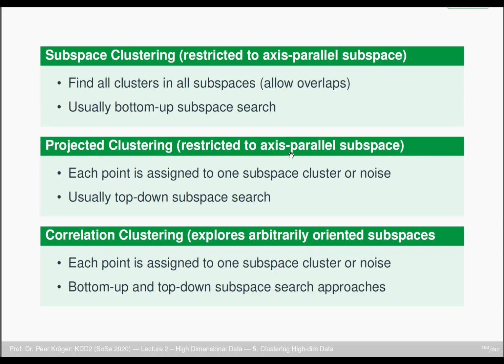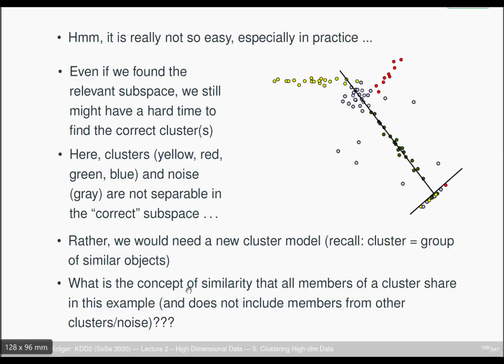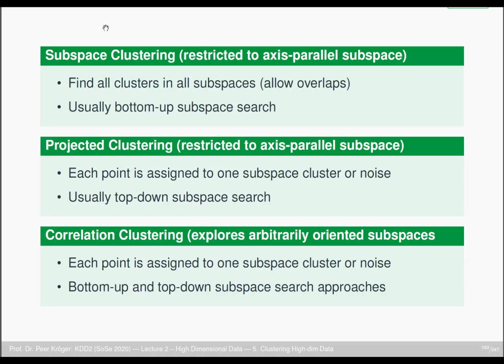Anyway, there are different approaches to tackle that problem that actually come up with a new concept of similarity, a new kind of cluster model, and we try to somehow classify them. So here is an attempt at a taxonomy of those approaches. It is not explicitly the same terminology as in the literature.